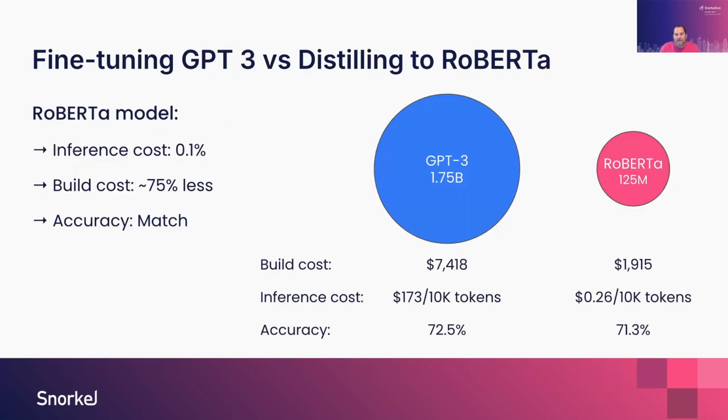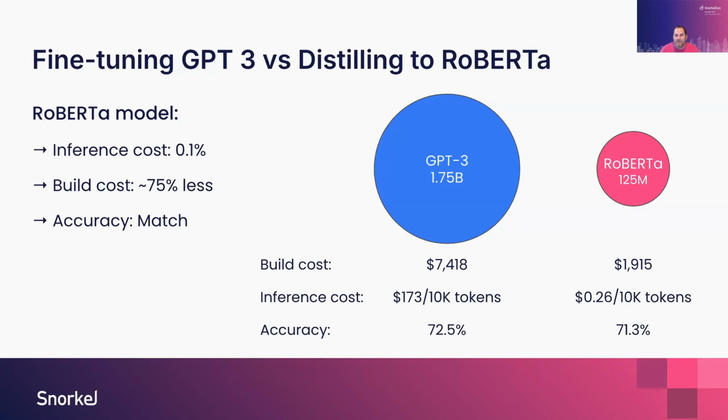If we look at it in summary, these two different approaches. First is standard fine-tuning on GPT-3. In our example, say $7,500 to build this fine-tuned model. It's going to be roughly $175 for every 10,000 tokens, with roughly 72.5% accuracy.